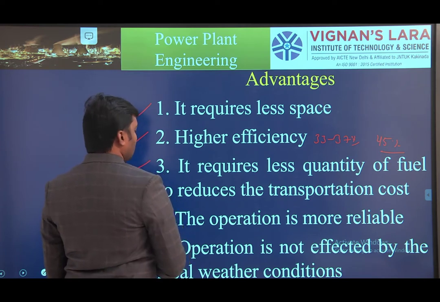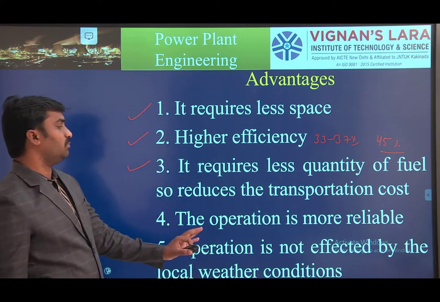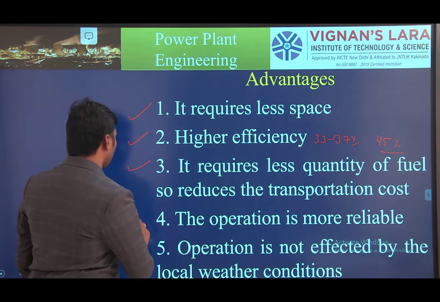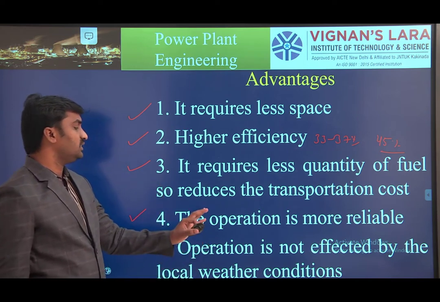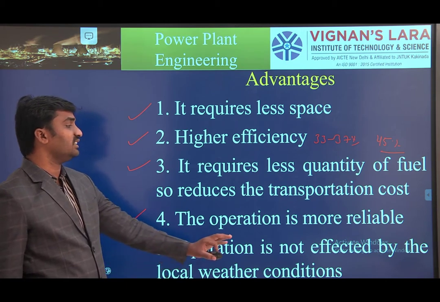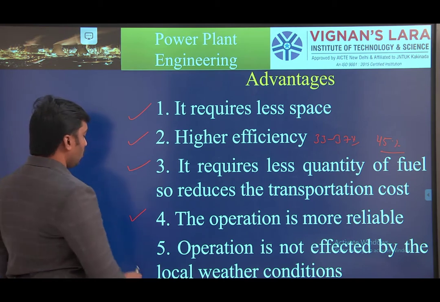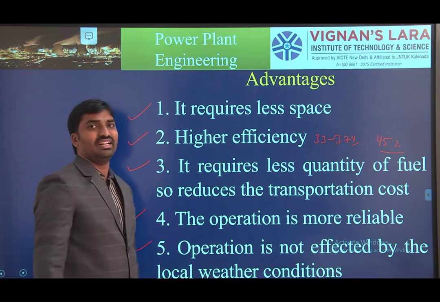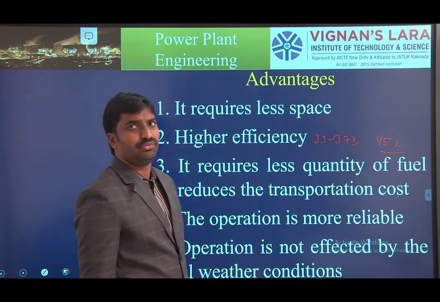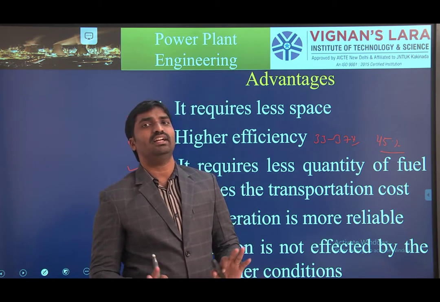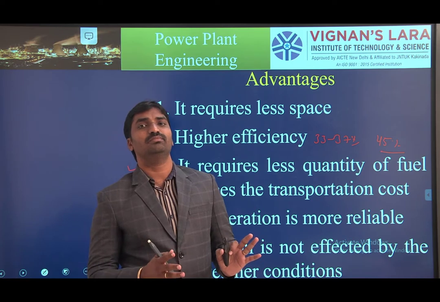And the fourth one is that the operation is more reliable. It's a very smooth operation, and the operation is not affected by local weather conditions. So we don't depend upon local conditions. For example, the hydroelectric power plant depends entirely upon the hydrological cycle.